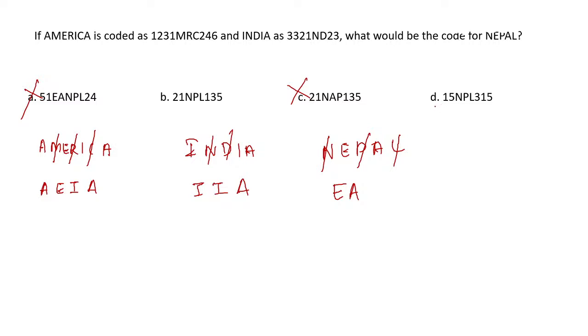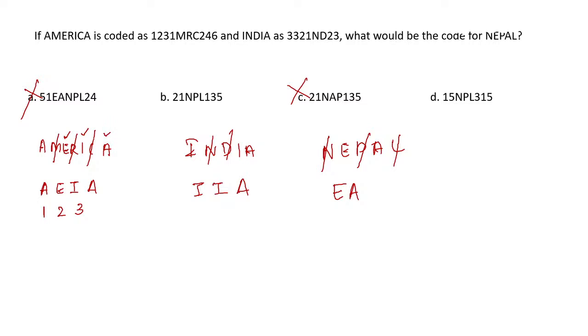Okay. So in this case, what we are going to do is let's compare the numbers now. In the first America coding, they have put it as 1, 2, 3, and again they have given 1, 2, 4, 6. Okay, so let's compare the positions.